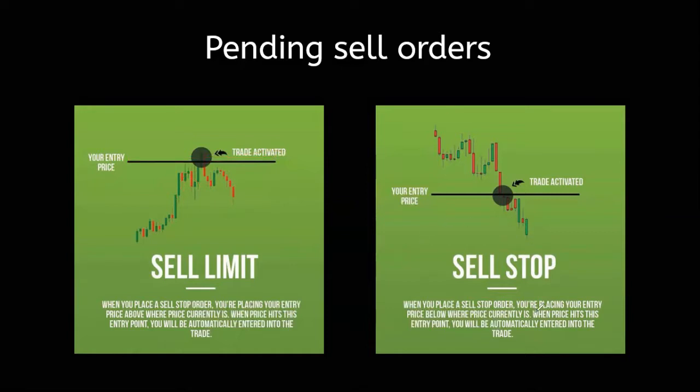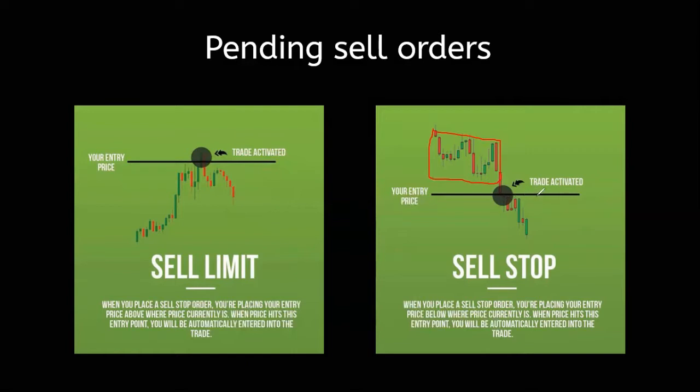The sell stop now, you're placing your entry below the actual price. So when it hits, it engages you in a sale from there. So let's take an example. You have a rectangle right here. Price seems to be constricted inside of this, and then suddenly it breaks.